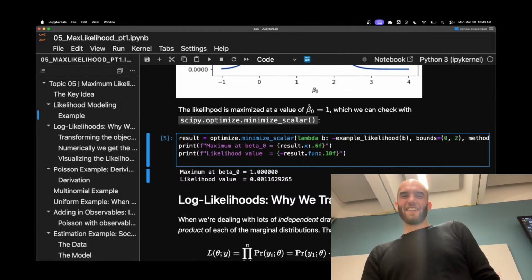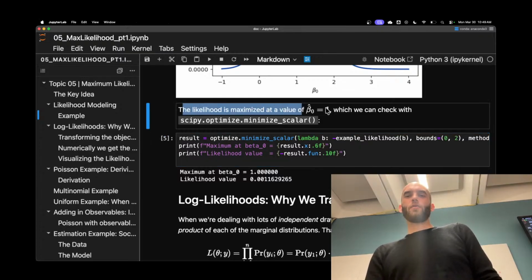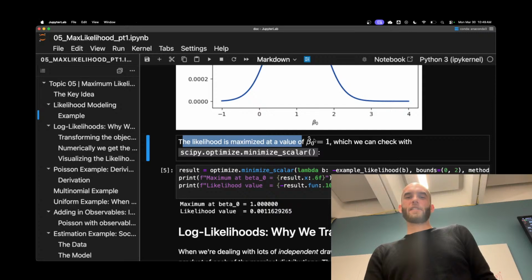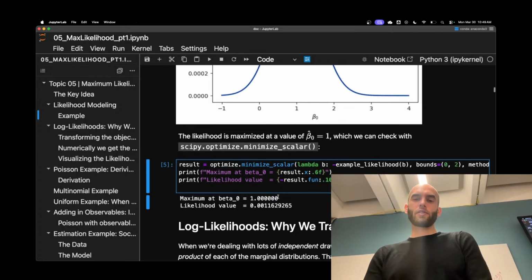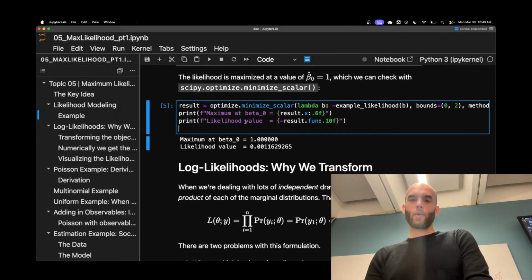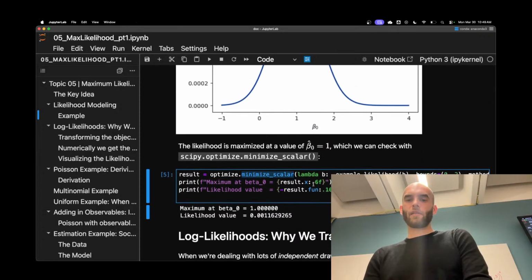Okay, so what happens here is we have an estimated value of 1 for beta 0. And let's just check this. So what I'm going to do is run optimize minimize scalar.